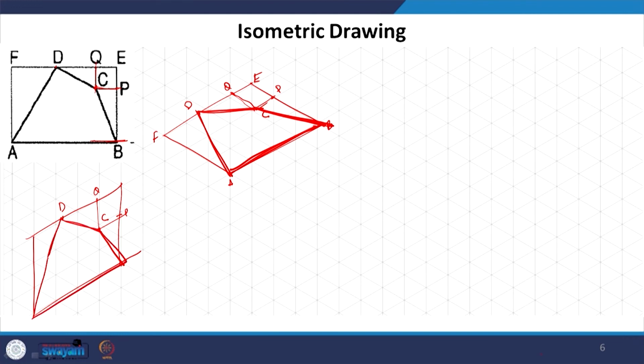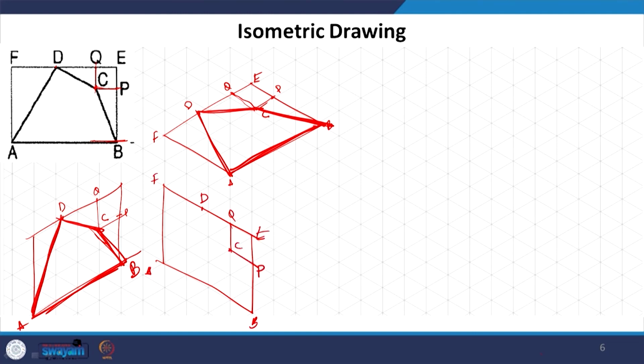Again, the fundamentals remain the same, with the same things repeating over and over again. I will do it again; keep doing it, with grid paper ready: D, A, B, Q, P, F, E, and this point is C, and you join it. Every time you get a different looking shape, but it is actually the same isometric.